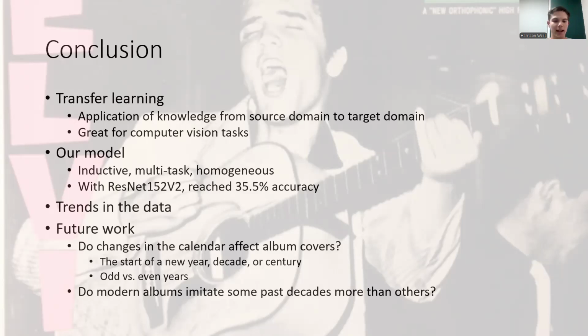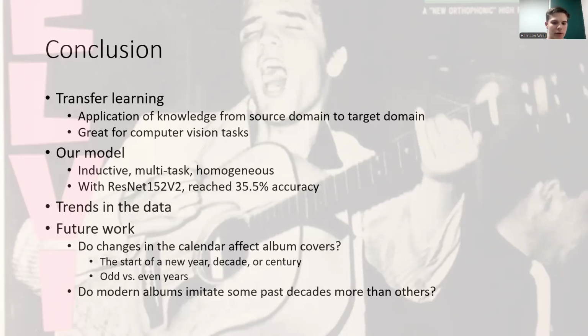We looked at some trends in the data and how there are some logical groupings between different decades, how 50s and 60s are a lot closer than 50s and 2010s, for example, and that nostalgia zone seems to be bigger than that ahead of its time zone, right? As for future work, one thing I'm interested in is did changes in the calendar affect album covers?